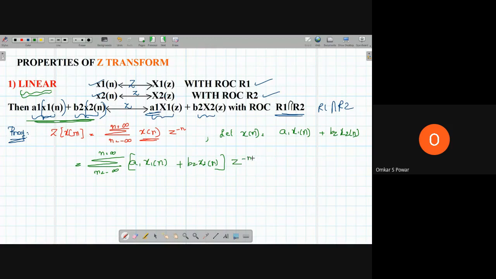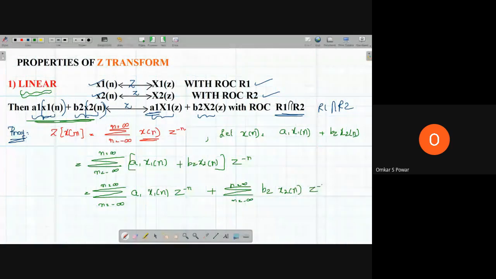Now how can I simplify this? Summation n varies from minus infinity to infinity of a1 x1 of n z to the power of minus n, plus summation n varies from minus infinity to infinity of b2 x2 of n z to the power of minus n.